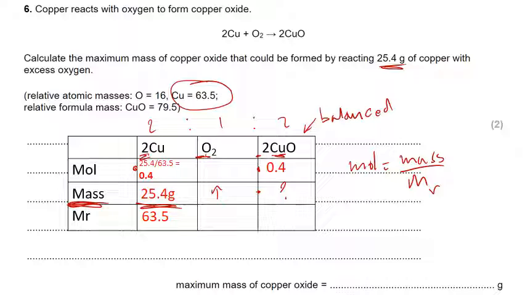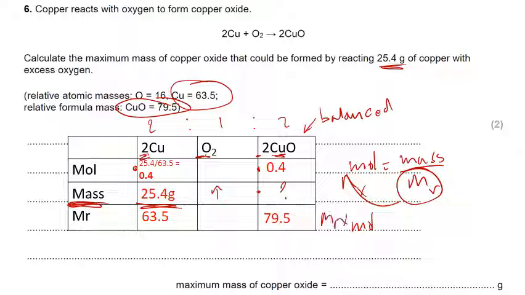Now we can work out the mass, but we need the MR first, and they give us the MR at the top there, which is very handy. We don't have to calculate it. Then using this equation, we can rearrange it. So bring MR to the other side, change the function, it is now times.